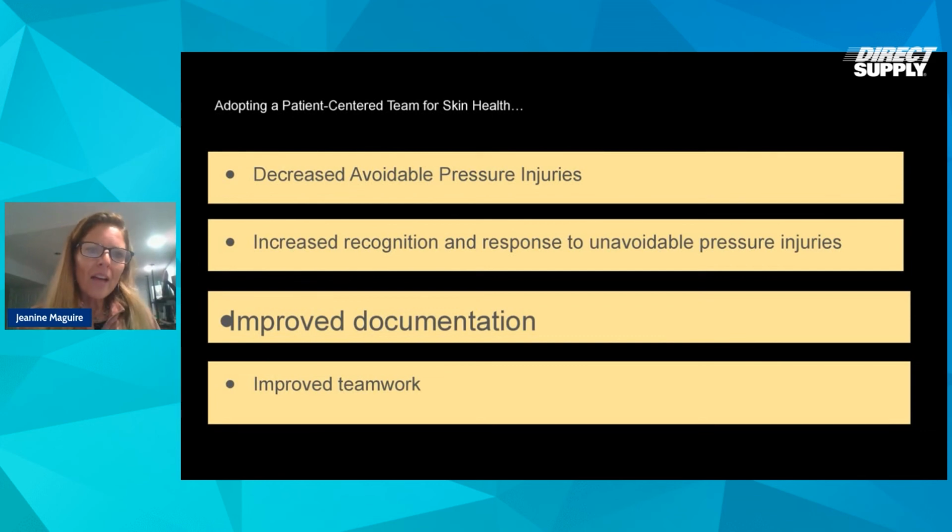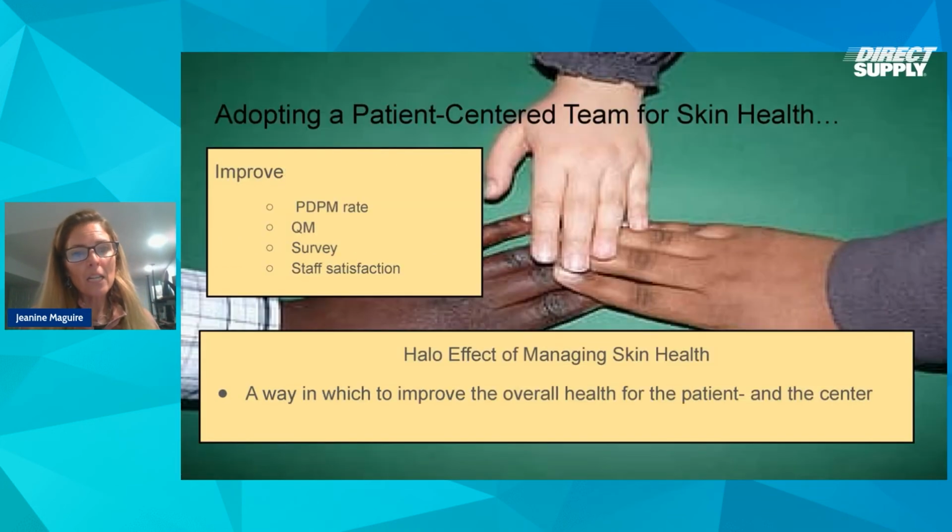We also know that adopting this will decrease your pressure injury rates. It will improve recognition, and it will give you a response rate to unavoidable pressure injuries that will remove the penalty and improve the communication around that. You'll have improved documentation and improved teamwork.